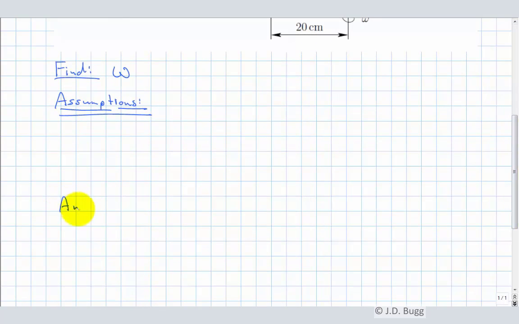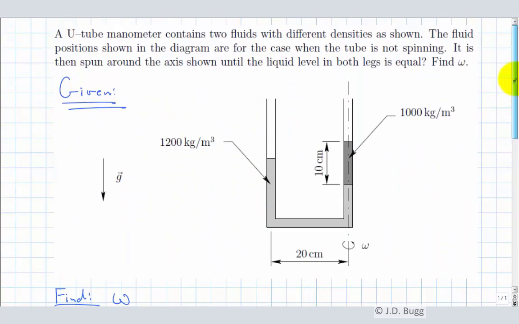Our analysis. So first thing we want to do is put a coordinate system on this diagram before we get going on the analysis. And this is a rotating system, so we want to use a cylindrical coordinate system. I want to align my z-axis with this axis of rotation, and then r is going to be the radial coordinate.